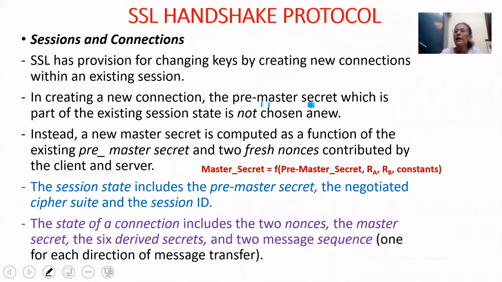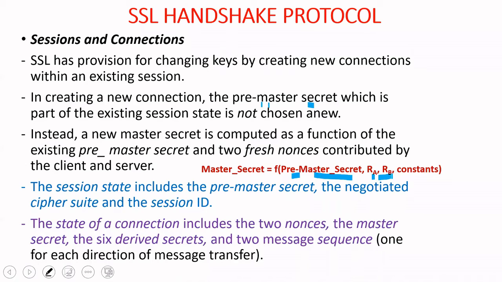Now you see that the master secret is calculated as an HMAC function of the pre-master secret, the nonces RA and RB, and some constants. So here we will maintain the same pre-master secret. The client and the server will exchange fresh nonces RA and RB, and they will be used in the new connection.